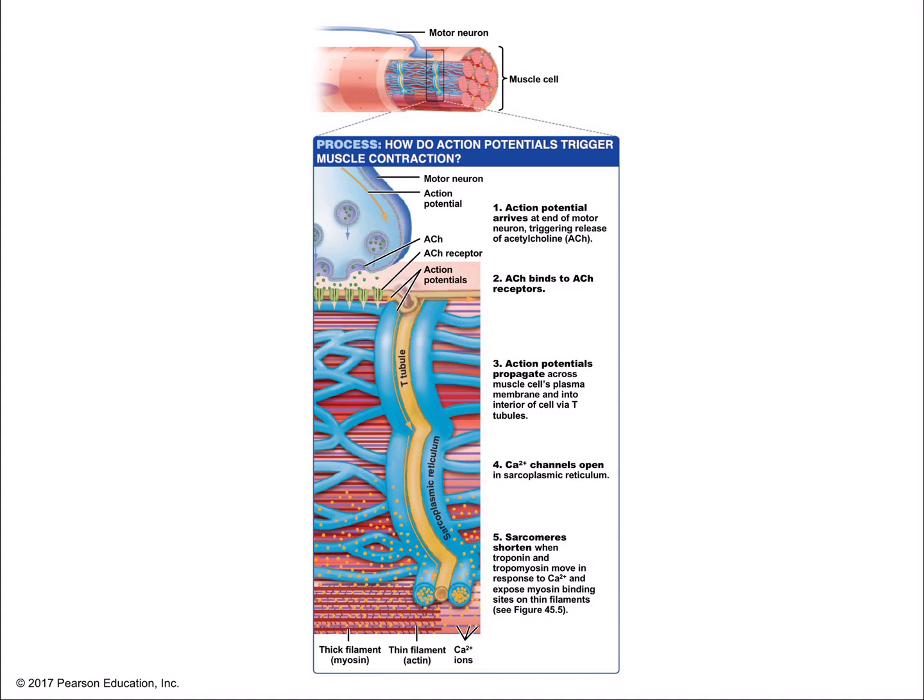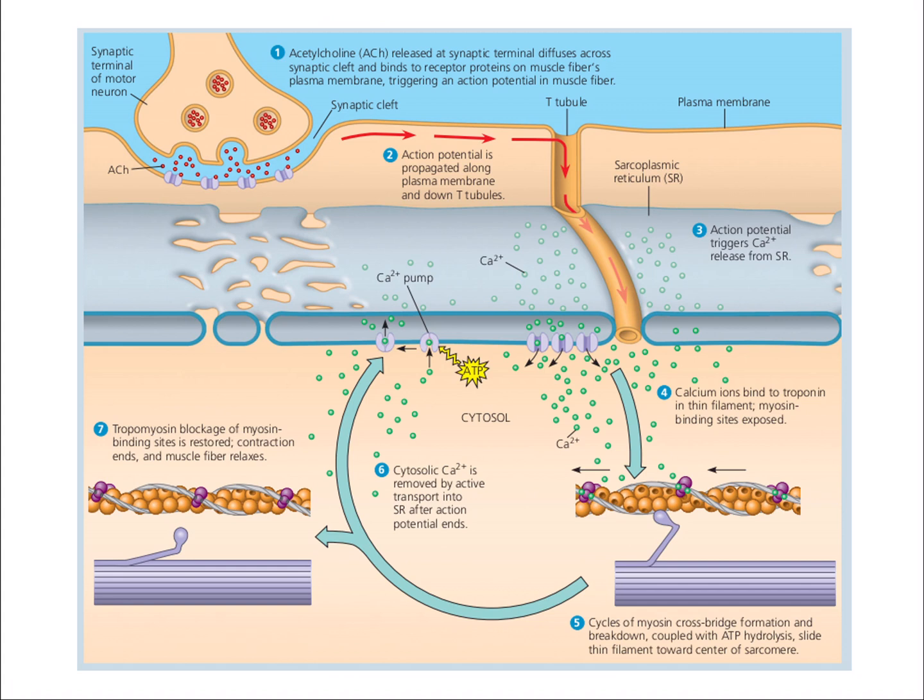Once those receptors receive the acetylcholine, it triggers action potentials to move all through the muscle cell, down these T-tubules. Once the action potential reaches the sarcoplasmic reticulum, which is all throughout the muscle cell, it releases calcium. Calcium then goes to expose the troponin binding sites and allow the tropomyosin to move off and the muscle to contract.